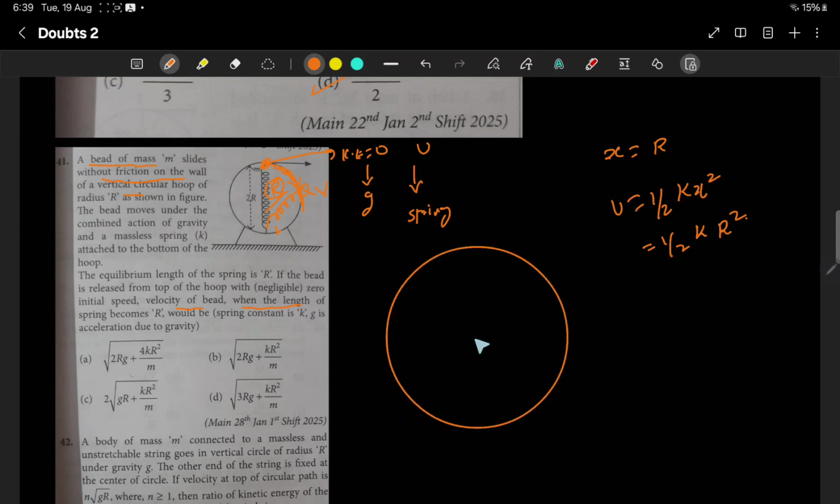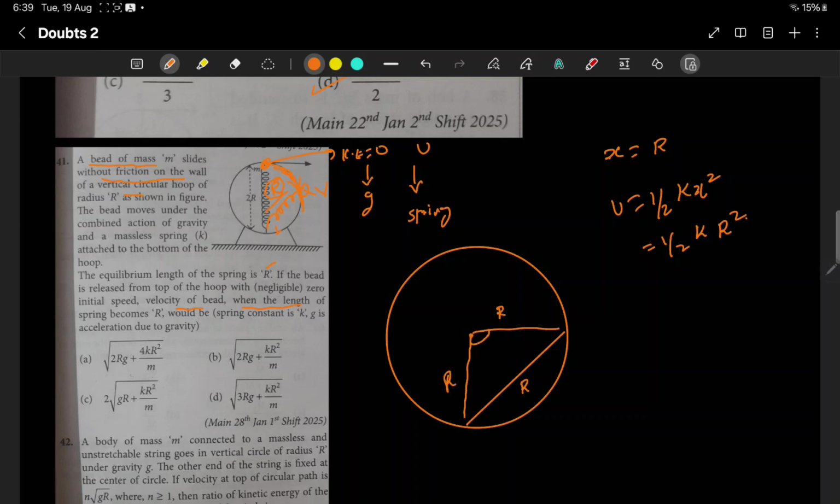This is the circle. So initially this total height is 2r. After some time, when it comes to its equilibrium length, let me consider this is the equilibrium length. So the equilibrium length is r. This distance is r. If this is the center of the circle, here this is also r and this is also r.